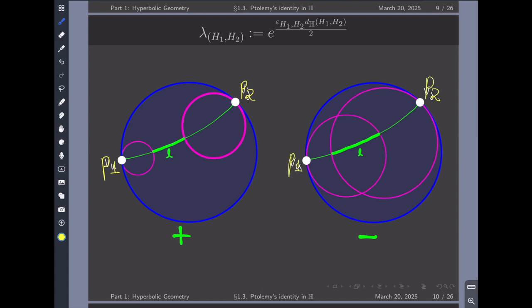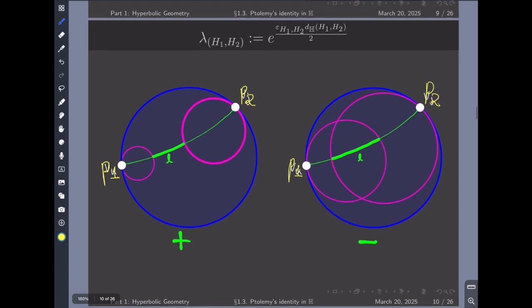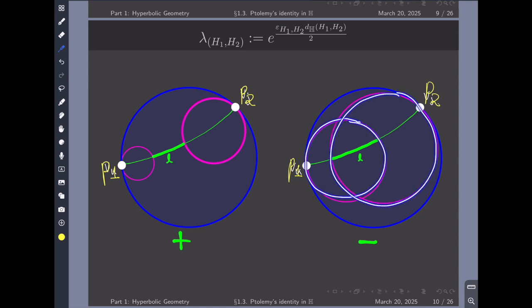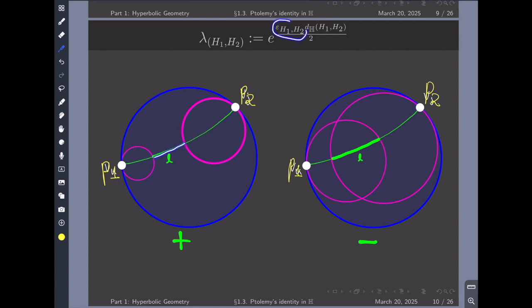If I have two horocycles based at two different points, I'm going to distinguish two situations: one where the two horocycles don't intersect each other, and the other where they do intersect each other. When they don't intersect, I define epsilon between the two horocycles to be plus.